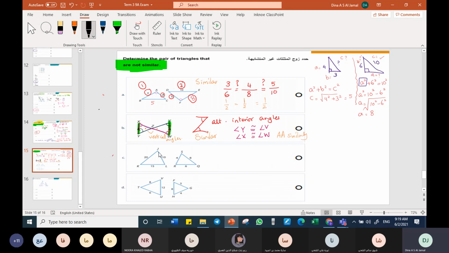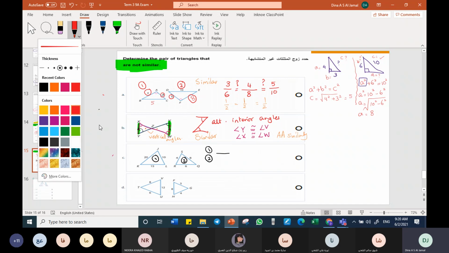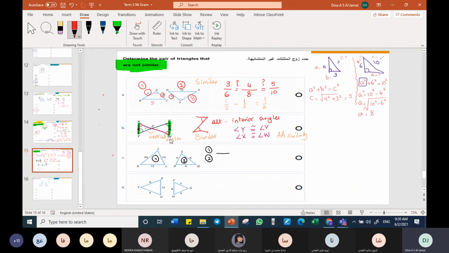Again, I will be choosing one of them, I will be going to the other. So if I choose, this will be 1, this will be 2. So that means I will be starting with polygon 1 and I will be going to polygon 2, and pay attention. The smallest measure with the other smallest.